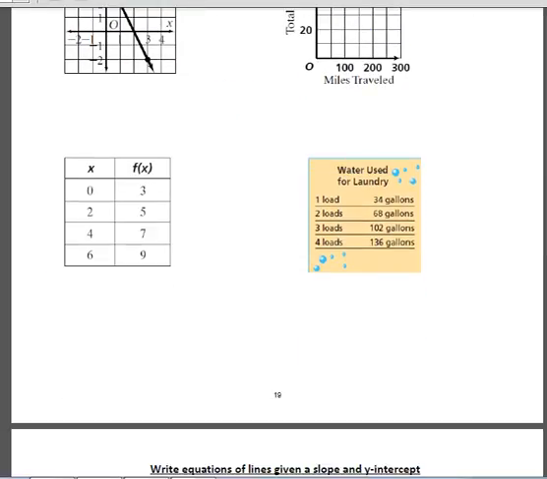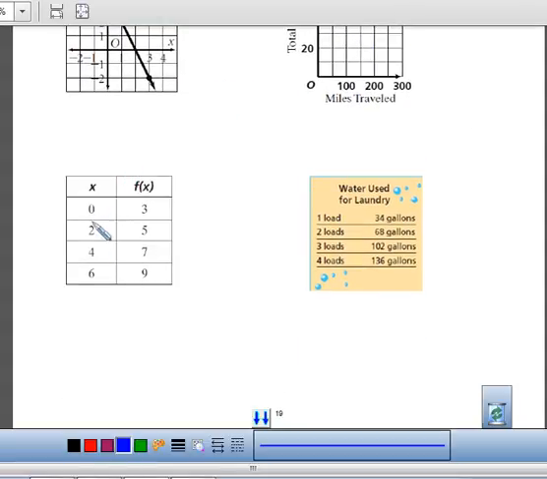Alright, pretty simple so far. Hopefully that wasn't too challenging for you. Now we have a couple of tables. Tables are pretty easy to spot the y-intercept also. You just look at where the input, or x value, is equal to 0, and it's right there. So I'm going to be finding m and b. b is 3. m comes from finding change in y over change in x.